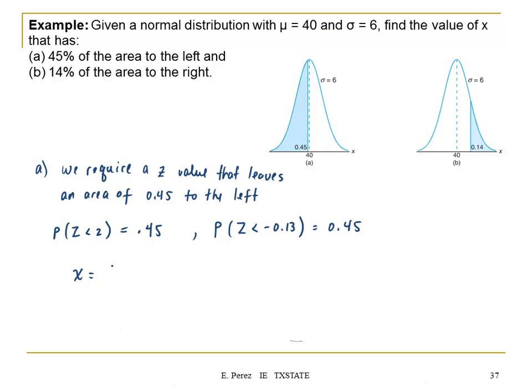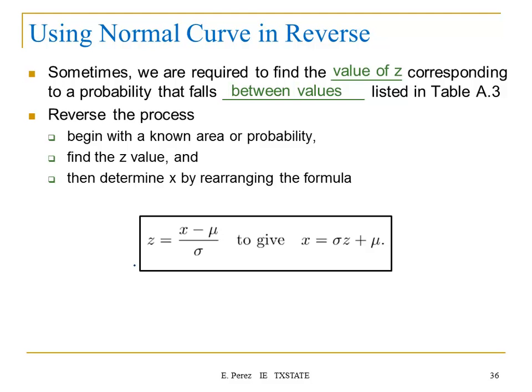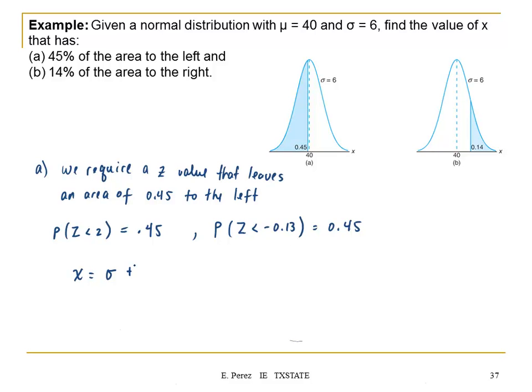So X will be equal to sigma, let's go back, write the right formula, sigma times Z plus mu, and that equals 6 times negative 0.13 plus 40, and that equals 39.22.